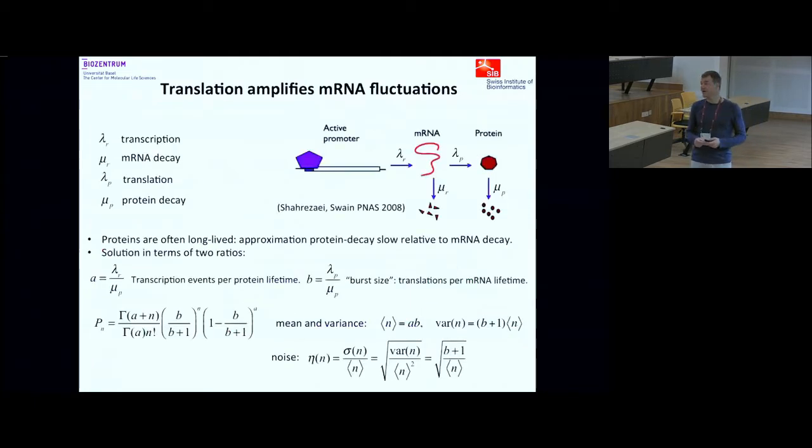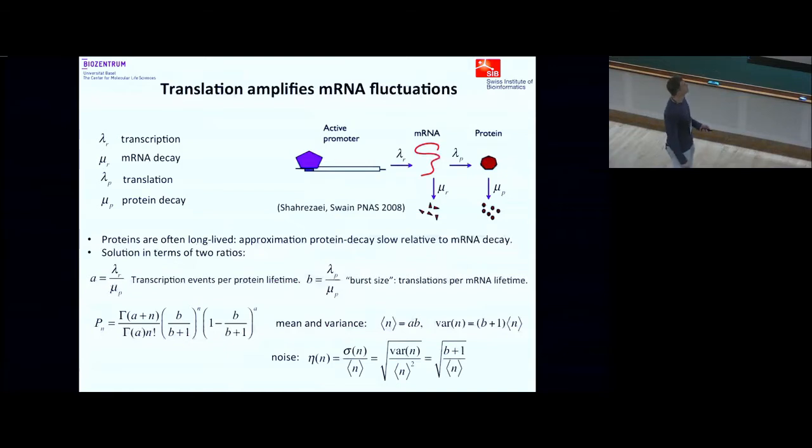All right, now we want to add translation and protein decay. So we want to look at the level of the proteins. Okay, so remember again, we have this transcription rate, decay rate per mRNA, the translation rate per mRNA, and the protein decay rate. Right. To solve this distribution in full generality, I don't think there is actually a closed form, but there are very, very good approximations.